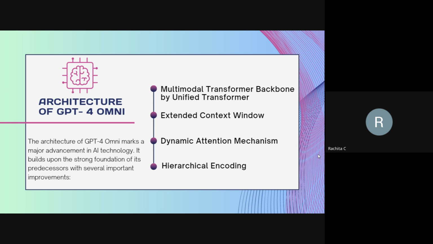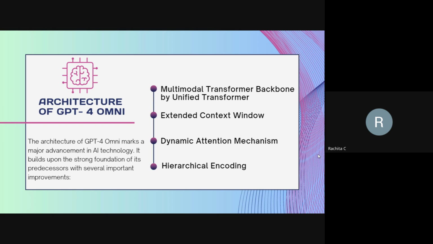The first one is the multimodal transformer backbone. This uses a unified transformer architecture to pre-process the input. Here the multimodal inputs are images, text, videos, or audio. All of these are accepted as input, and using this unified transformer we can process the data completely, build a model on it, and query that model.